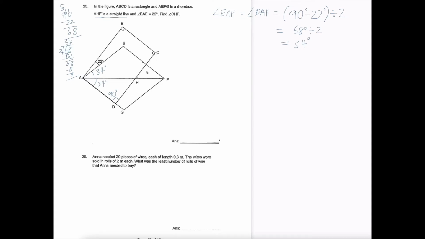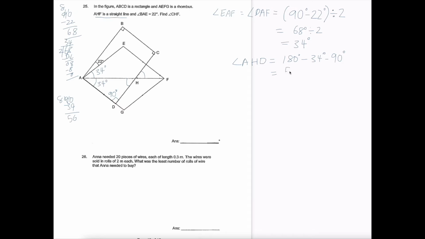DHC will be a straight line because it's part of a rectangle. If we find out what this angle is, it will just be equal to this angle because they are vertically opposite. So let's find out what this is first. AHD will be equal to the sum of angles in a triangle minus 34 degrees minus 90 degrees. 180 minus 90 is 90, so 90 minus 34 is 56.